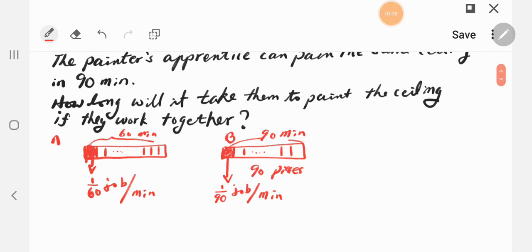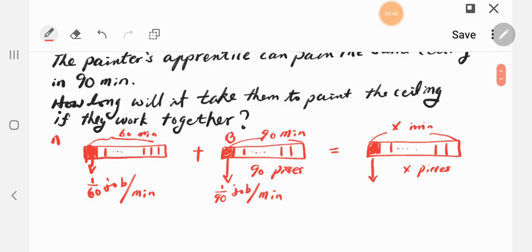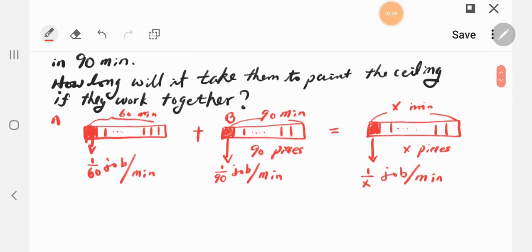Once these two work together, it will take X minutes. I don't know how many minutes, so let's say it is X minutes. We divide it into X pieces. Each piece is the work done per minute if both of them work together, so 1/X of the job will be done per minute. So we have an equation like this.